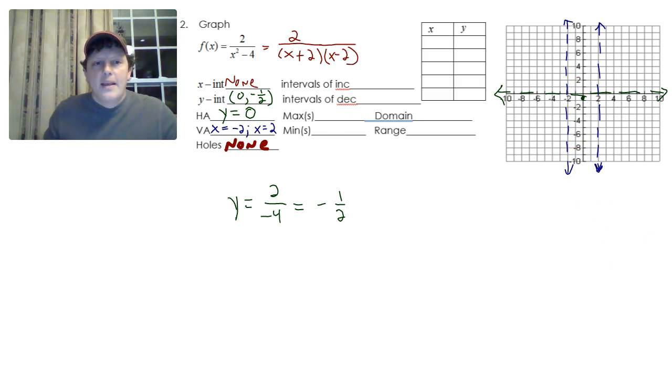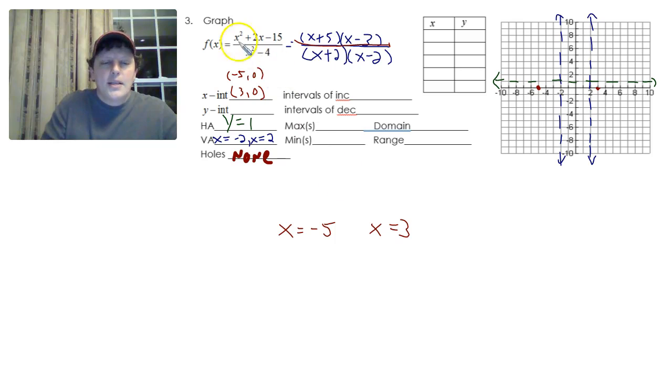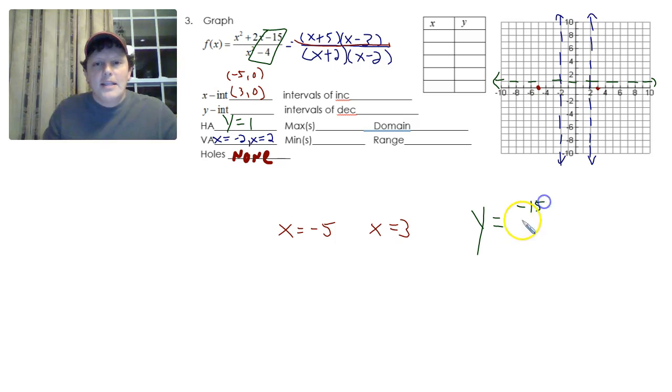Simple as that. Example 3 from your guided notes. Again, I'm going to go back to the original one. If I plug in zeros for x, the only thing that's left over is the constants. So my y-intercept is going to be found by dividing negative 15 by negative 4. Now, negative divided by negative is positive, and I'm going to turn this into a fraction. So how many times does 4 go into 15? 4, 8, 12.